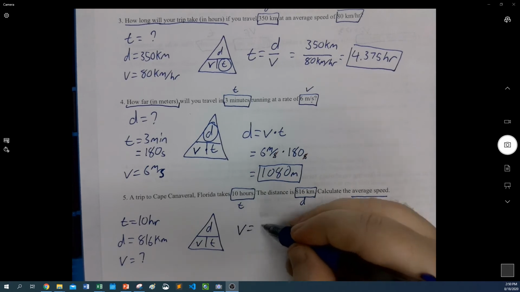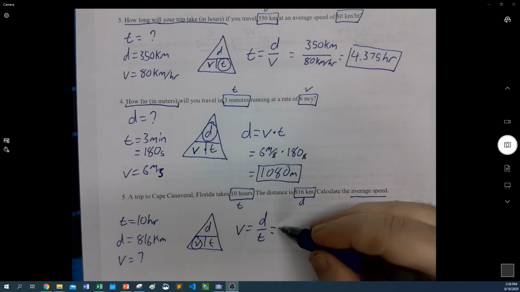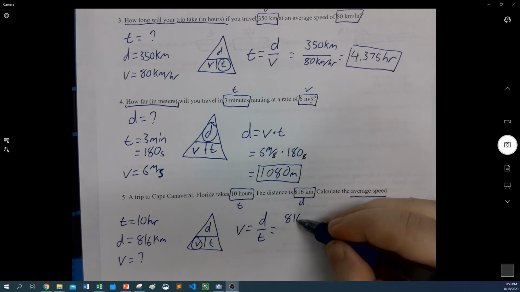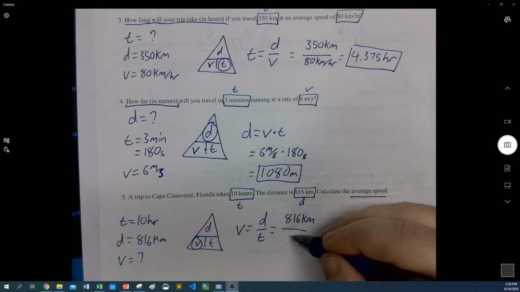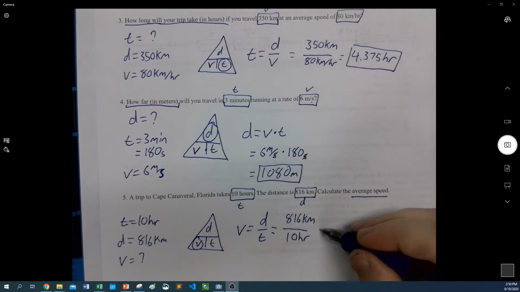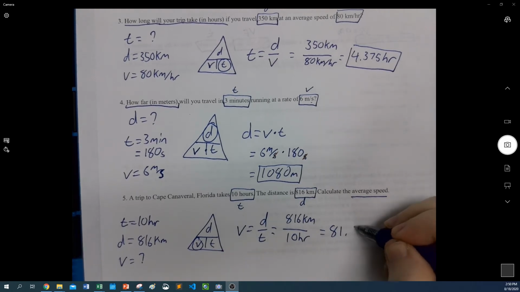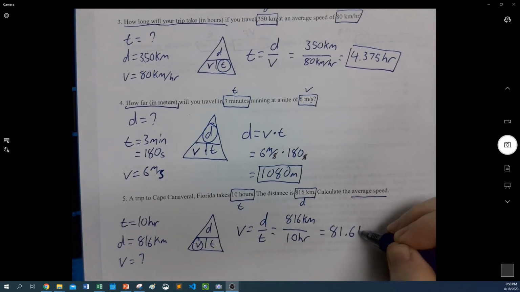Speed is equal to distance over time. Distance of 816 kilometers divided by 10 hours is equal to 81.6 kilometers per hour.